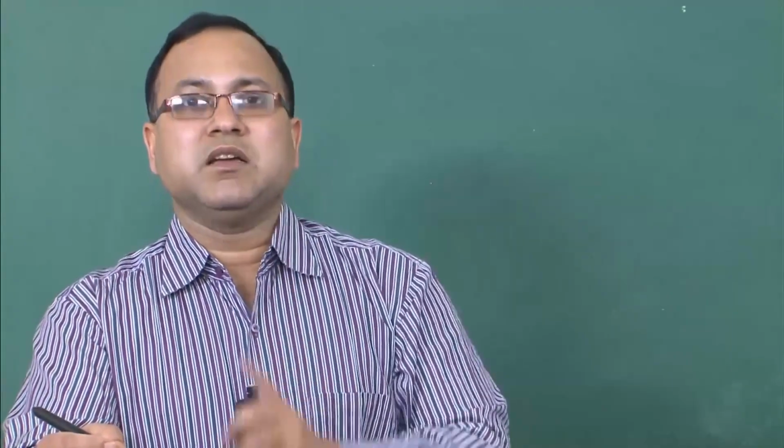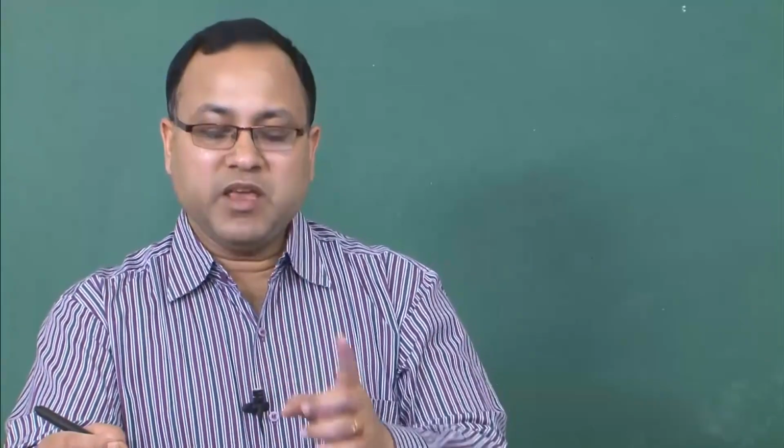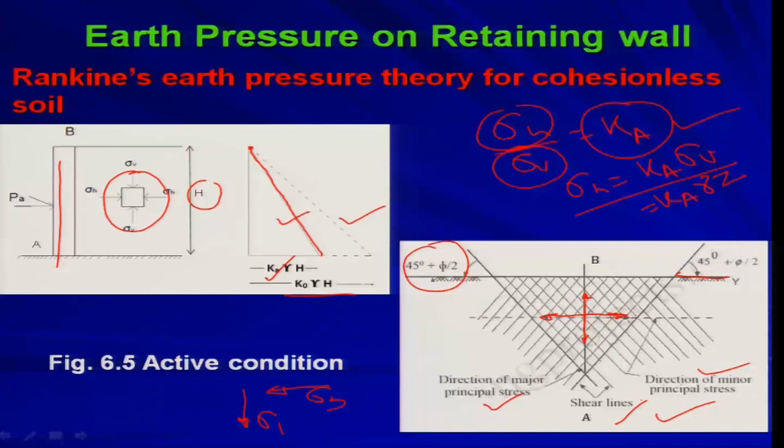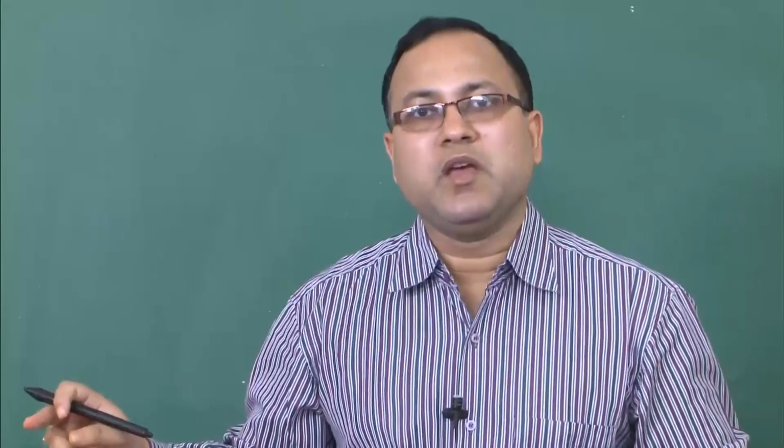So, the line which is making an angle 45 plus phi by 2 with the horizontal plane will be the slip lines, the shear lines, right. There will be two shear lines, because from the top you will have one failure envelope and at the bottom you will have another failure envelope.